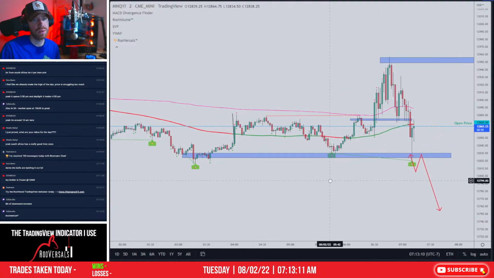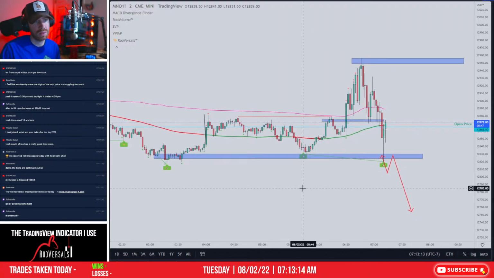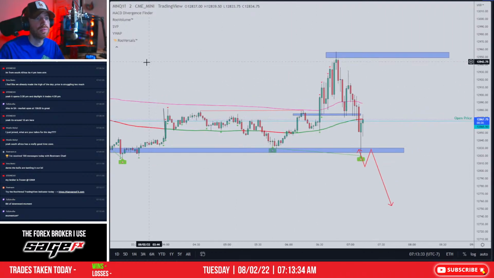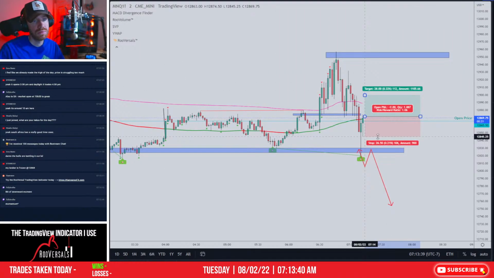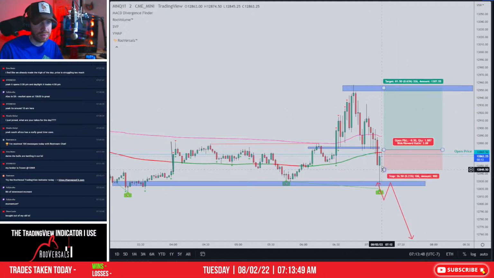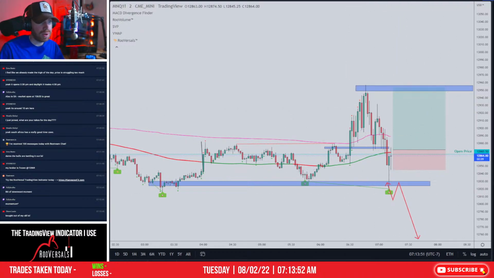It's just on it, and that's not what I like to see. That's only about a 3-hour trade if you did take it and wanted to go in risky. I think this is a risky buy though, personally.